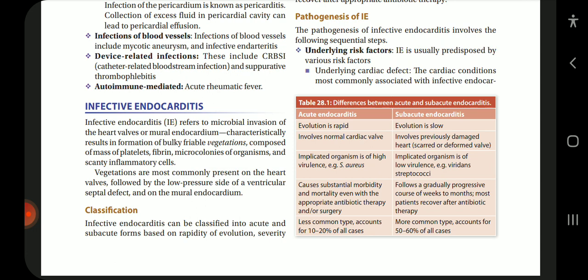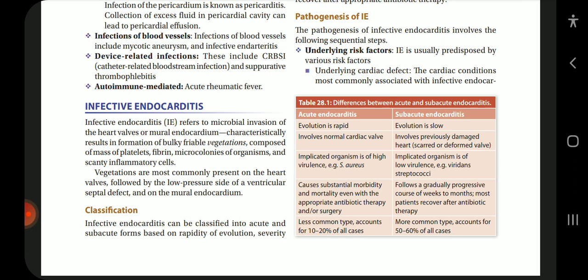In acute endocarditis, the evolution is rapid, while in subacute, it's slow. The acute one involves normal cardiac valves, while subacute one involves previously damaged, scarred, or deformed valves. The acute endocarditis is implicated in organisms of high virulence like Staph aureus, while subacute one is related to viridans streptococci.